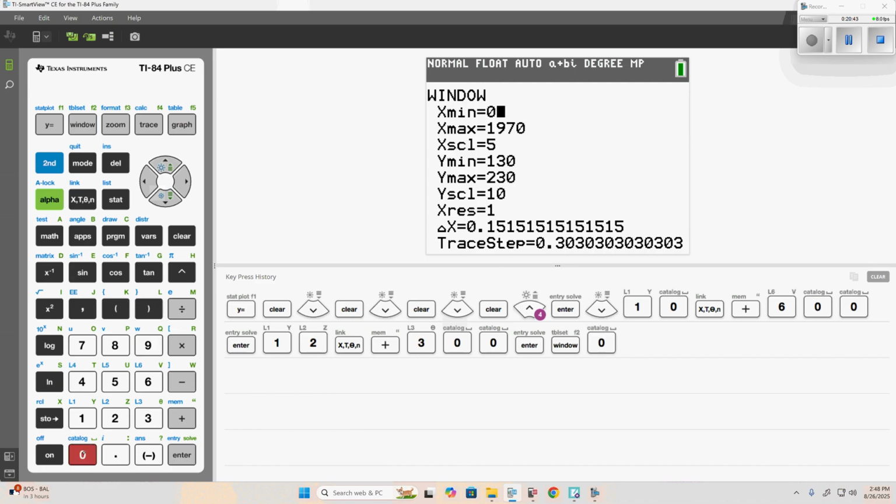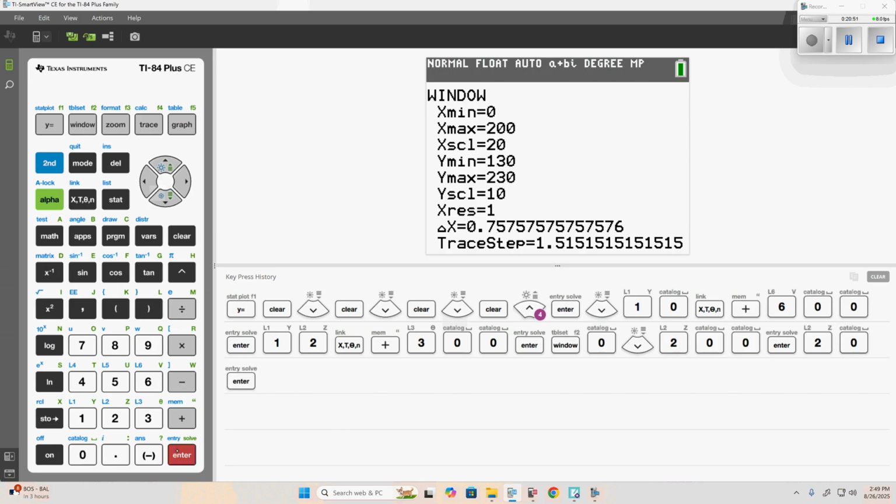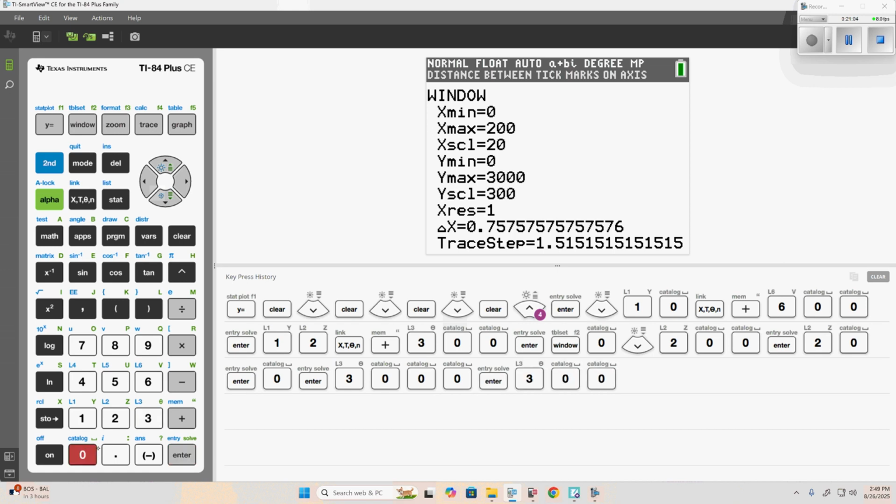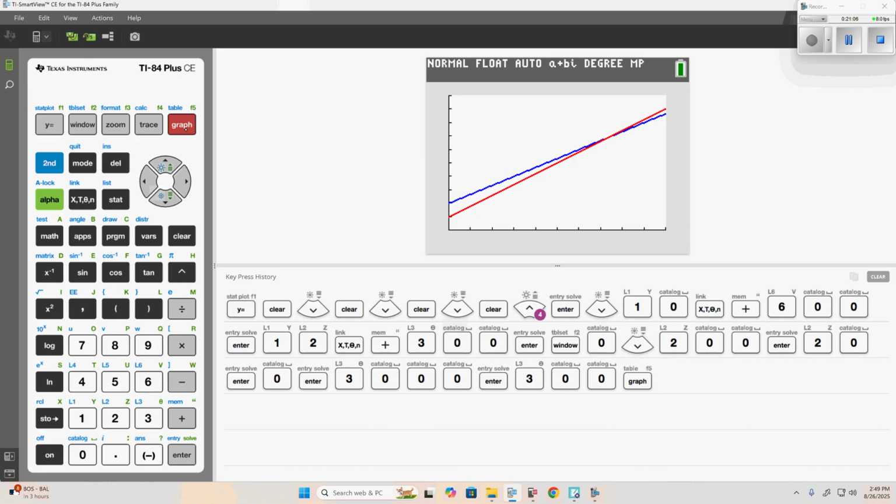We're going to go from 0 to 200, and we're going to scale it by 20. 0, because we'll say 3,000. So I'm scaling this so that we get a decent picture of these graphs. So we can see this here.